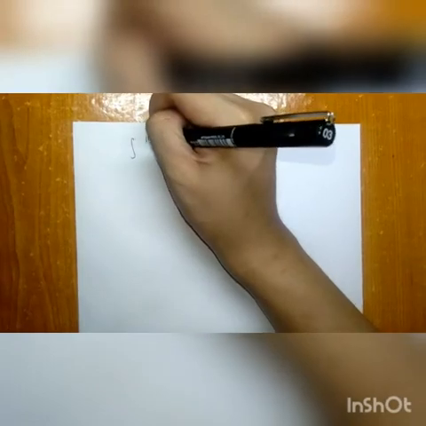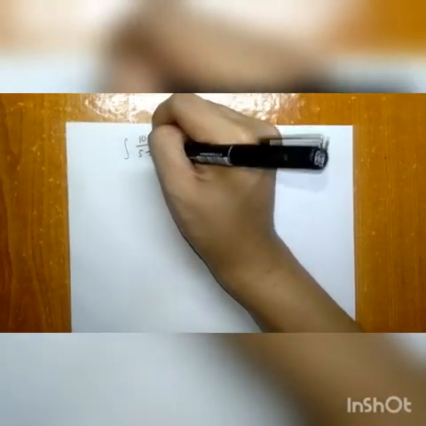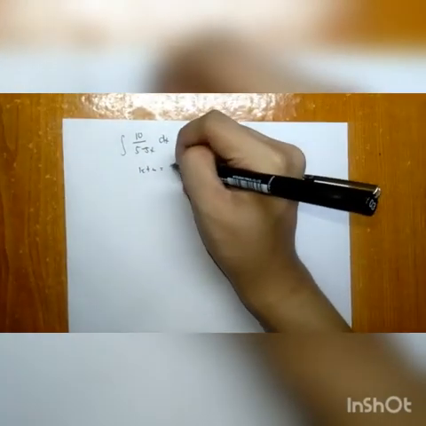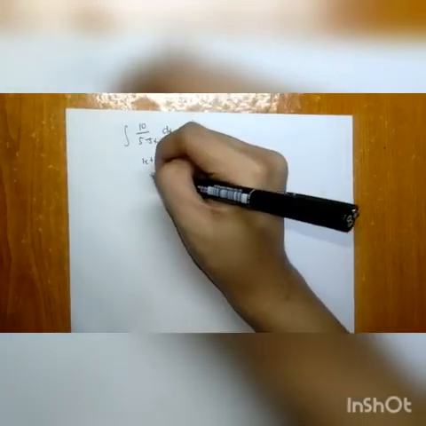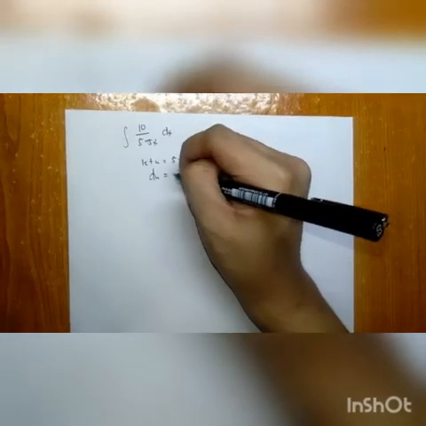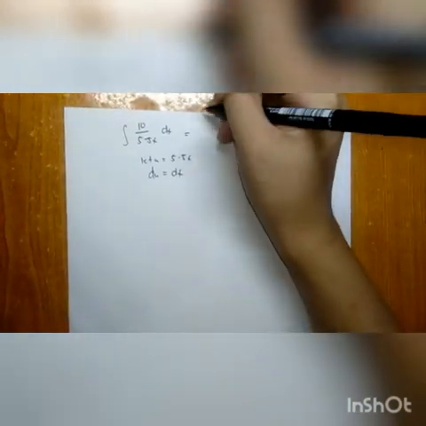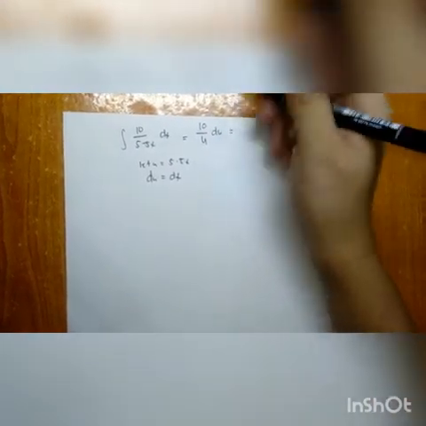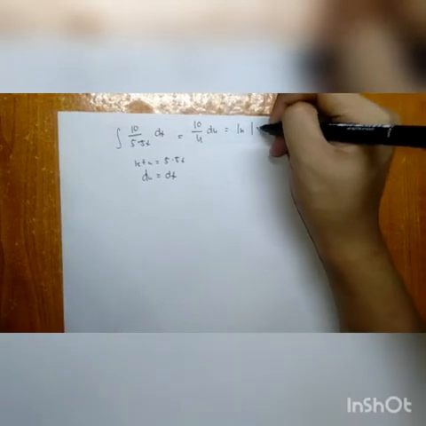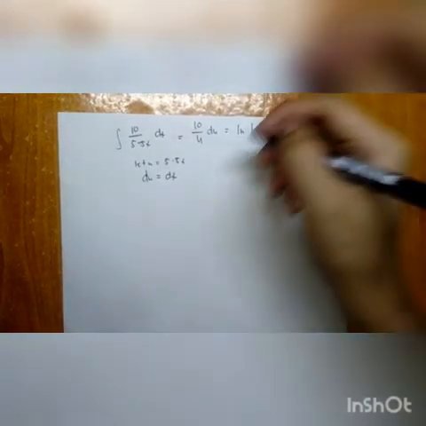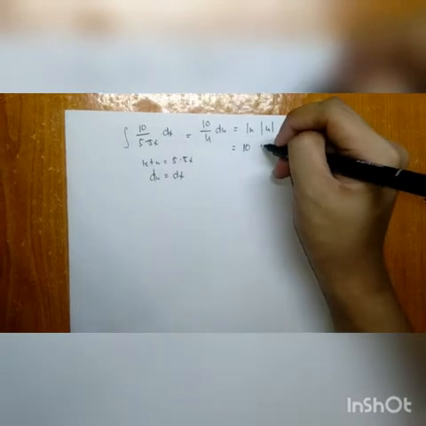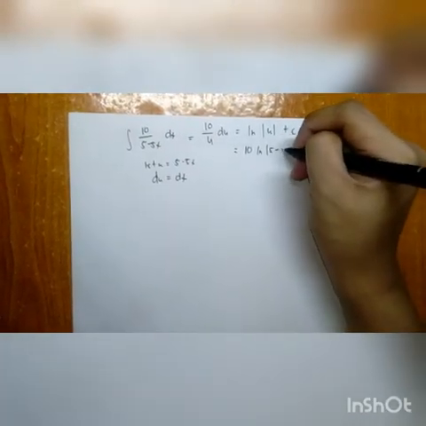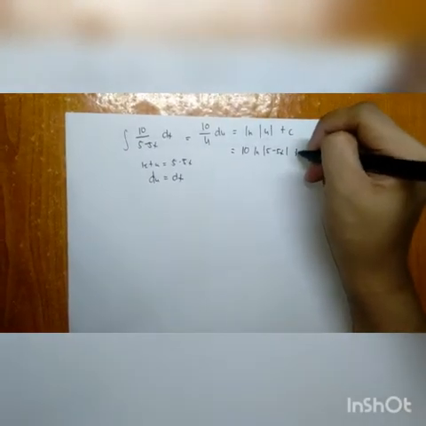Example number 2. The integral of 10 over 5 minus 5x dx. We will let u be equal to 5 minus 5x and du equal to dx. This is equal to 10 over u du, and ln of absolute value of u plus c is equal to 10 ln of absolute value of 5 minus 5x plus c.